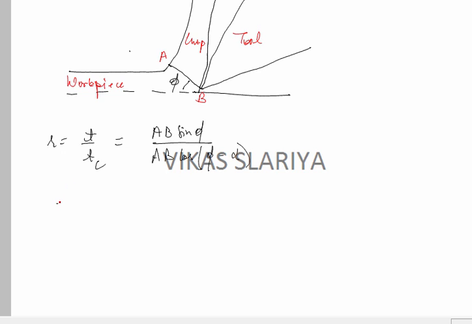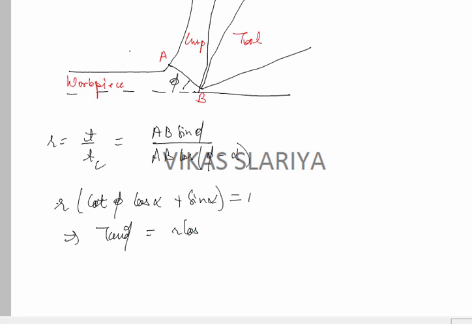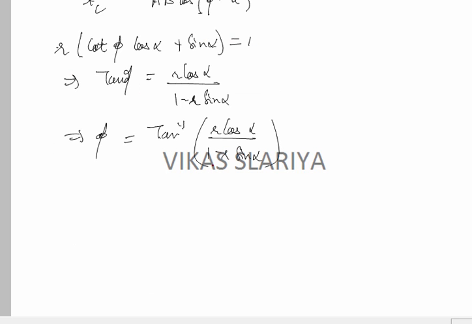Rearranging we get R into cot of phi cos of alpha plus sine of alpha, it is equal to 1, which means tan phi is equal to R cos alpha upon 1 minus R sine alpha, or phi is equal to tan inverse of R cos alpha upon 1 minus R sine alpha.